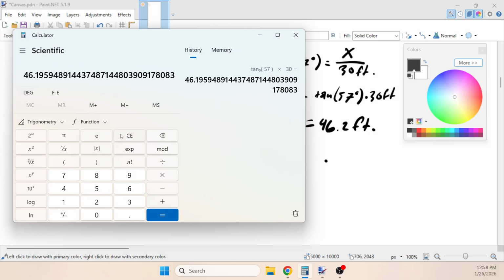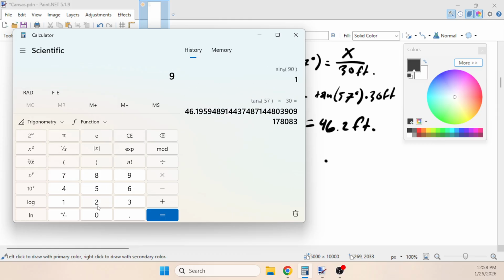The way to check is to type in 90 and then type in sine. So I've typed in sine of 90 degrees and I've gotten 1. That's correct. Sine of 90 degrees is 1. If I type in the sine of 90 radians, I will not get 1. I'm in radian mode and I do not get 1.